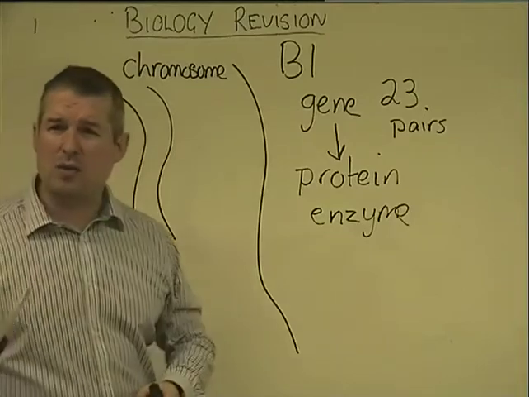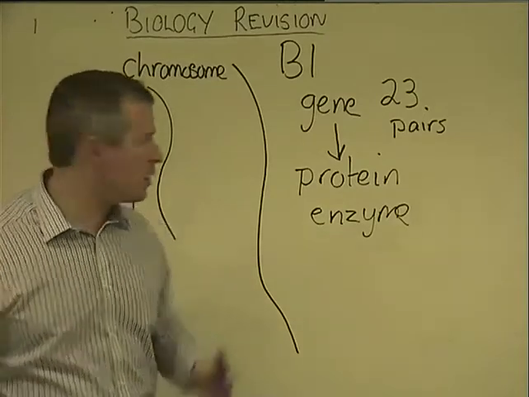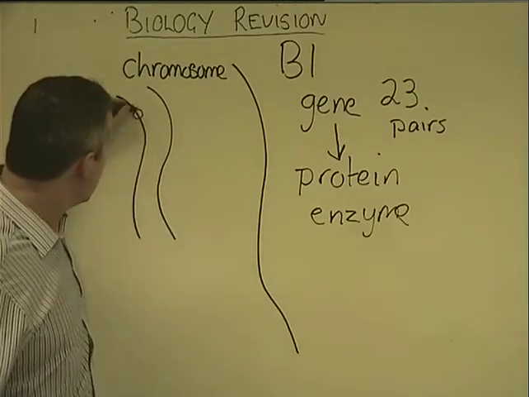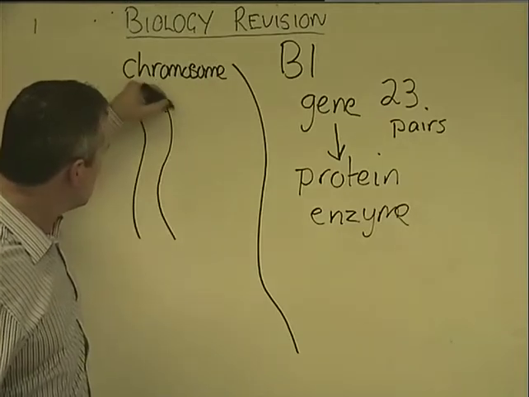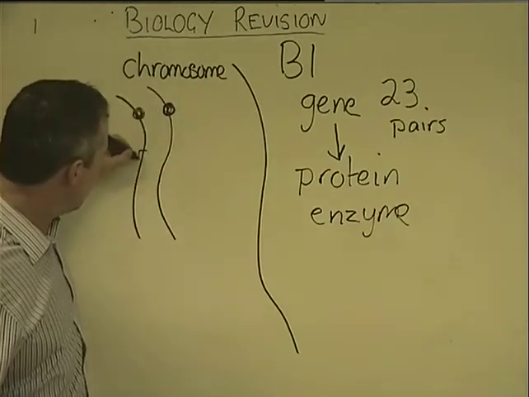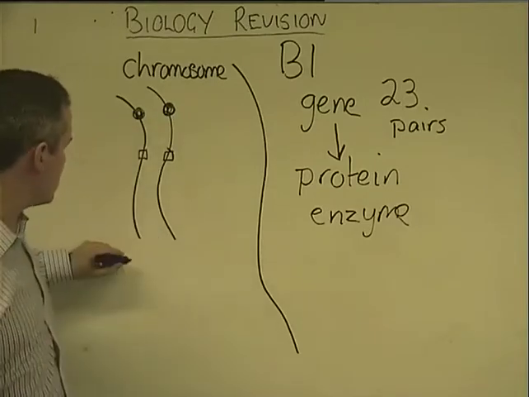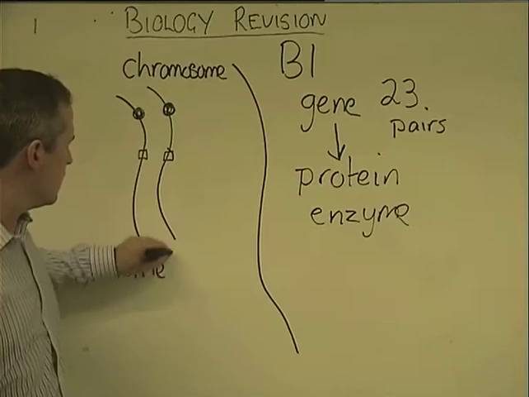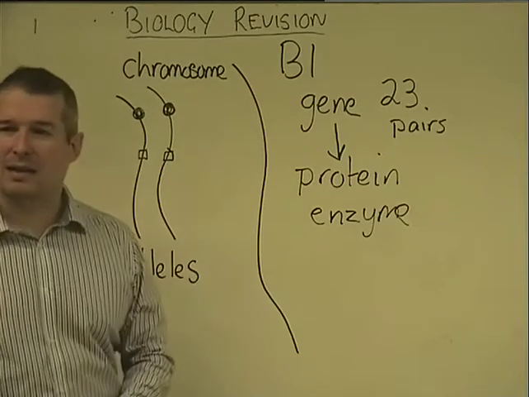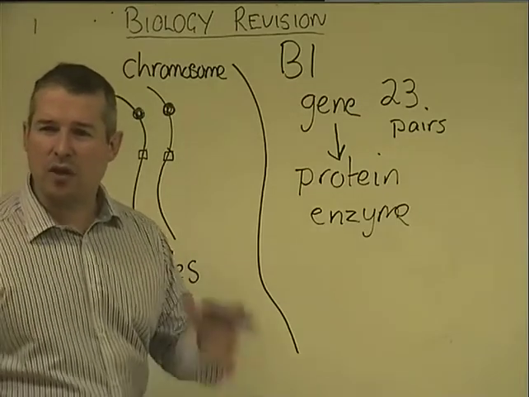Now, because chromosomes have got genes on them, it stands to reason that you have 2 copies of every single gene. These copies have a name, and they're called alleles. And an allele is a version of a gene.